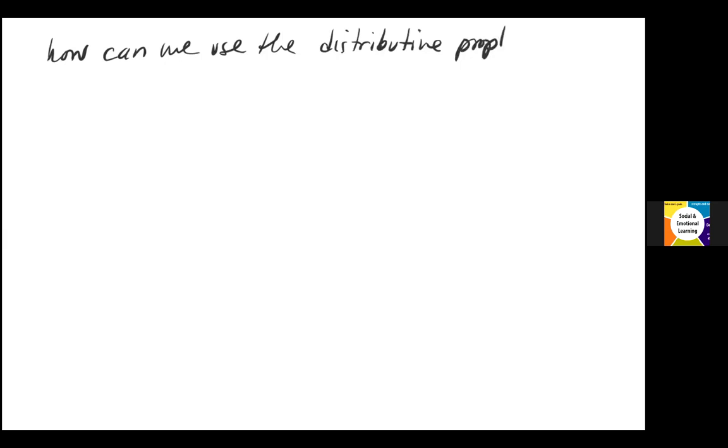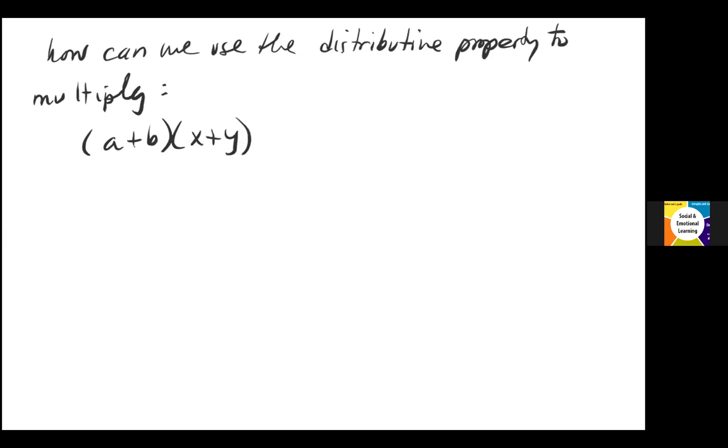Okay, I want to stay on the distributive property for a second. So how can we use the distributive property to multiply A plus B times X plus Y?